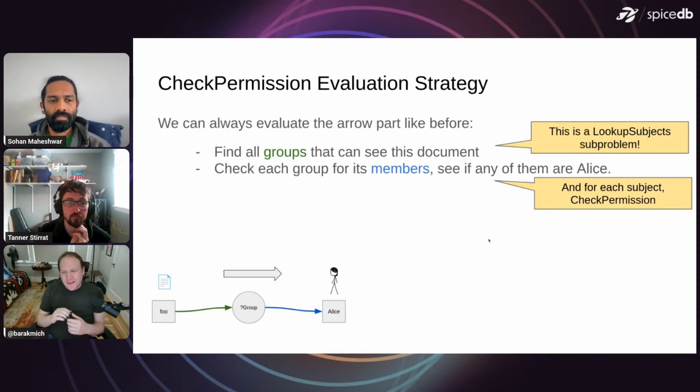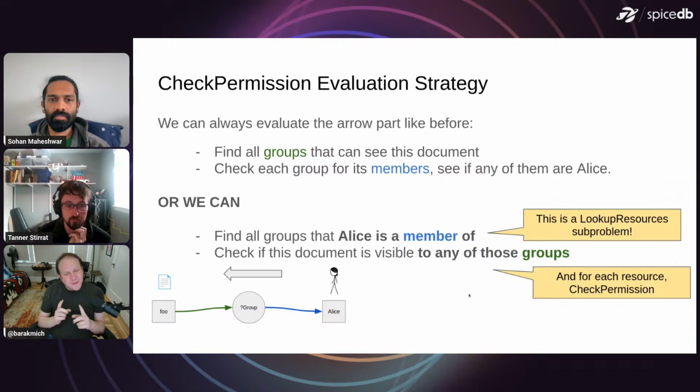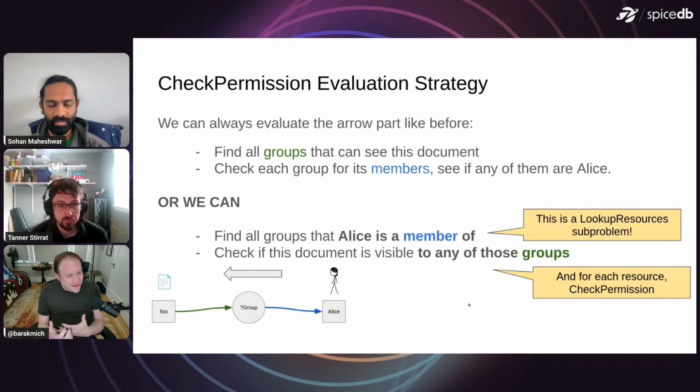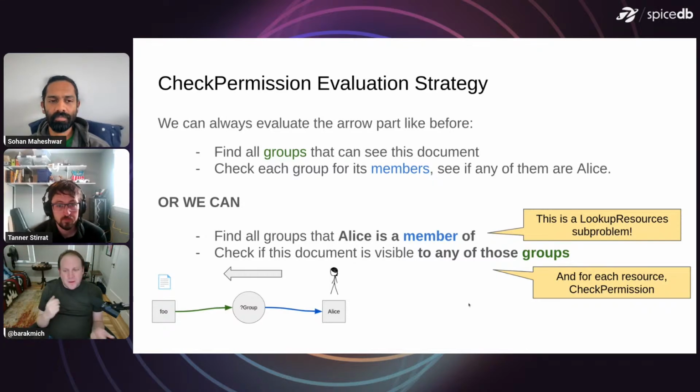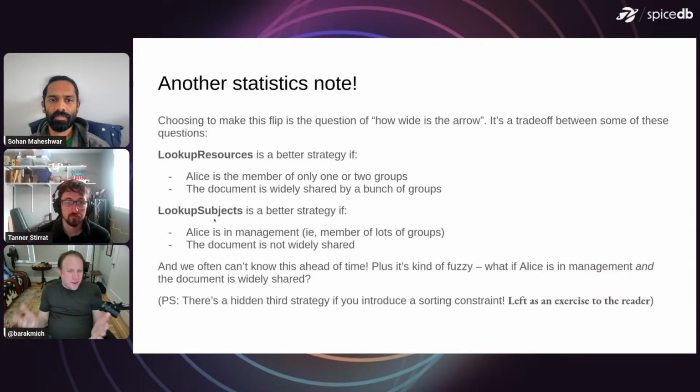But if we hit the next slide, we can do something different. We could go backwards, right? Instead of starting from the document and asking, can Alice see this document through this arrow? We start with Alice and ask, what documents can she see? We find all the groups that Alice is a member of, and we see if that document is visible to any of those groups.